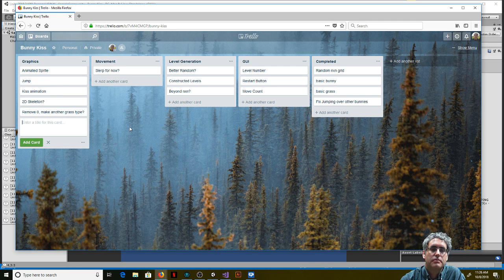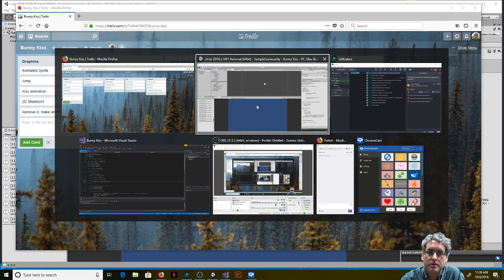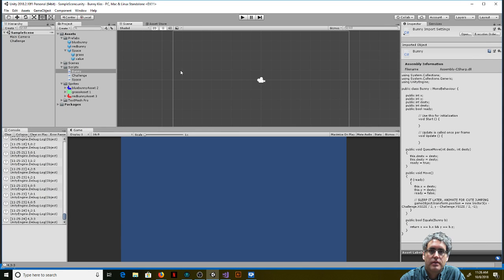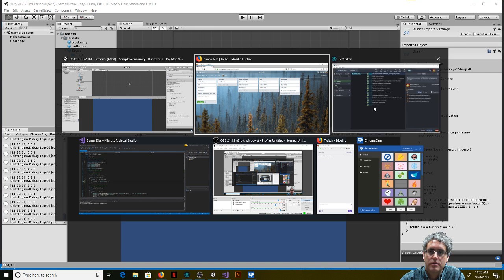Let's make them do some smooth movement. I just want to start thinking about the steps that are going to be needed. It needs to add some abstraction to the code. So let's try that.